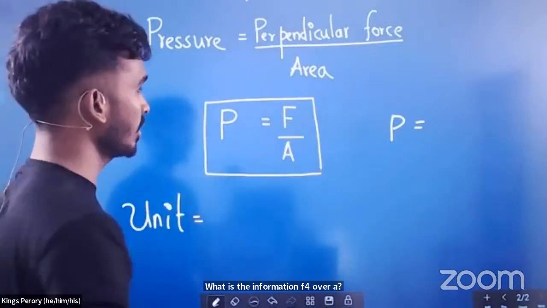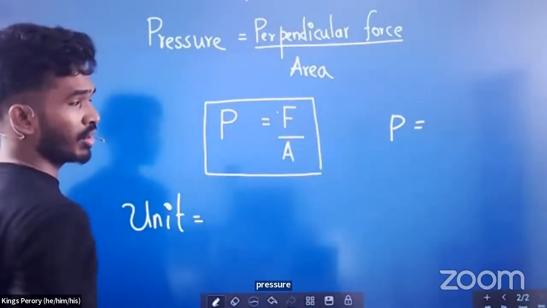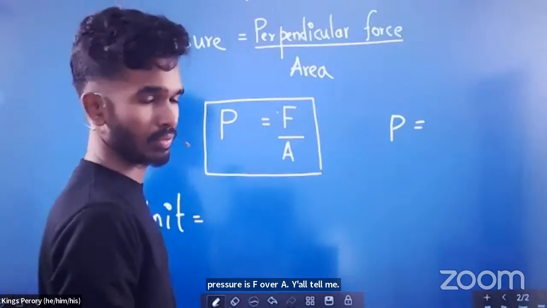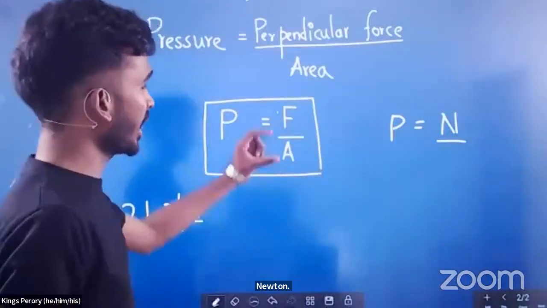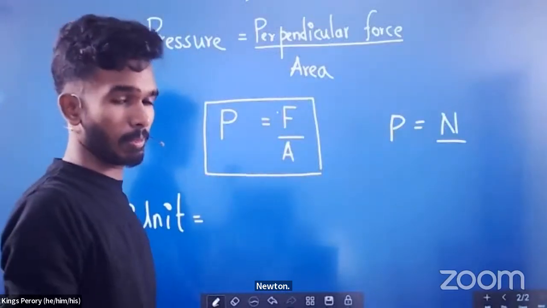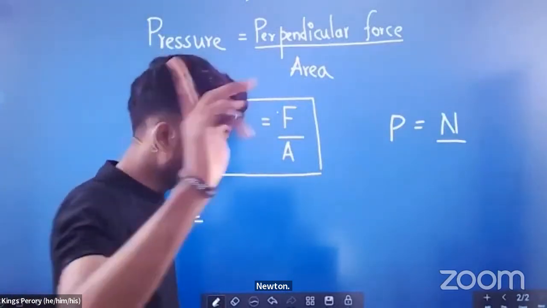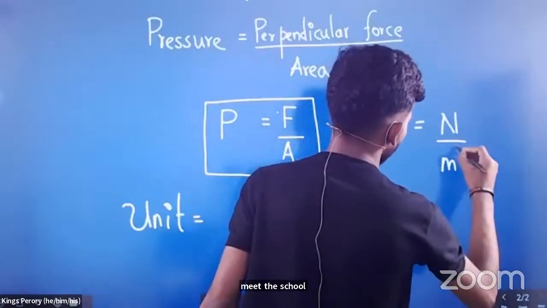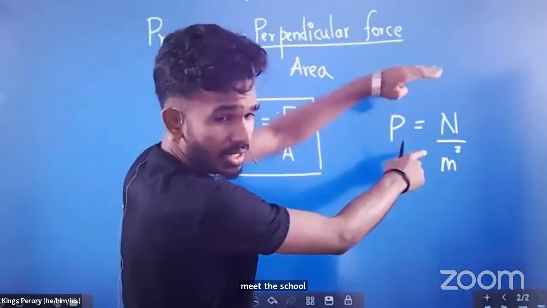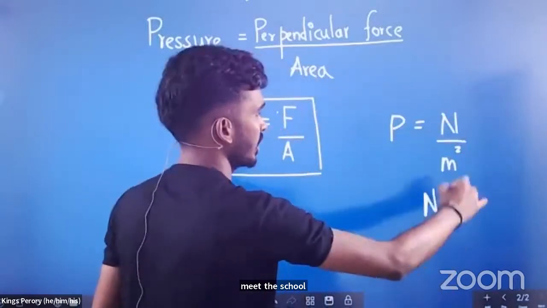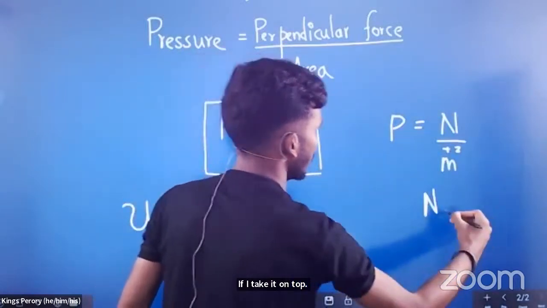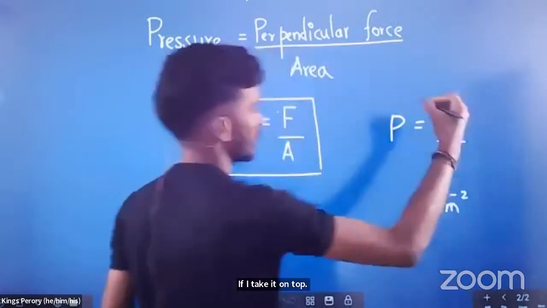You all tell me, what is the SI unit of force? Newton. Divided by area. What's the SI unit? Meter square. Very good. If I take the meter square on top, it becomes minus 2.